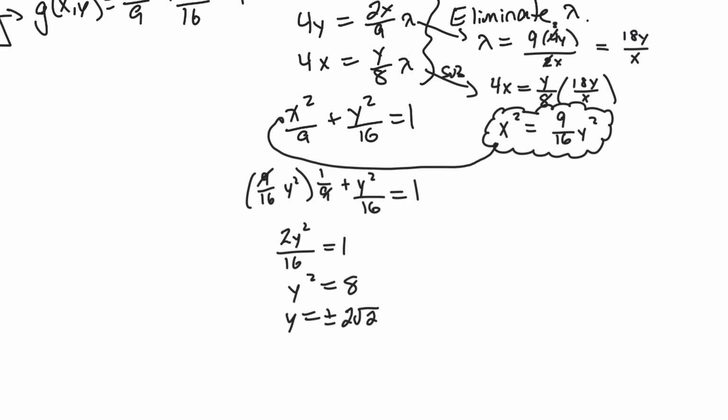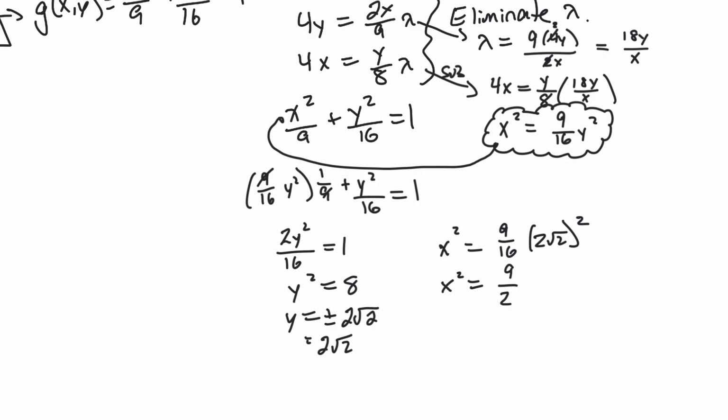Now, since we're talking about length, we can just go ahead and use 2 square root of 2. So for x, so x squared, now that we know that y is 2 square root of 2, x squared is going to be 9 over 16 times 2 square root of 2 squared. So that should give us 9 over 2, because that should be 9 times 8 divided by 16.